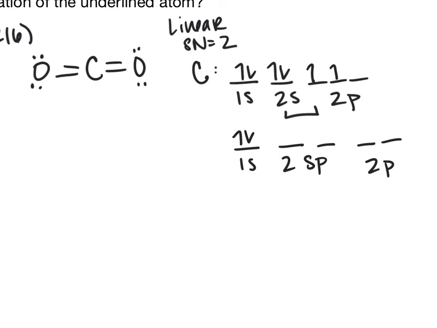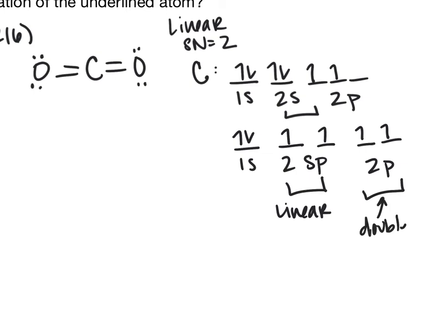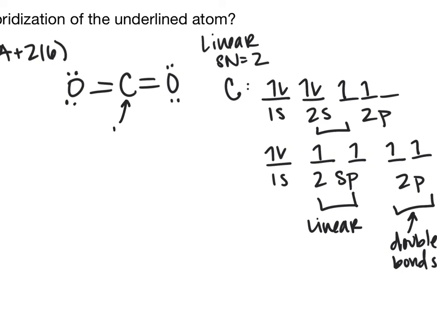We have 1, 2, 3, 4, 5, 6. So this gives us the linear geometry. These leftover orbitals are going to be used to make double bonds. And so in the next video, we'll learn more about why we have leftover p orbitals that are used in this case. So the hybridization here is sp.